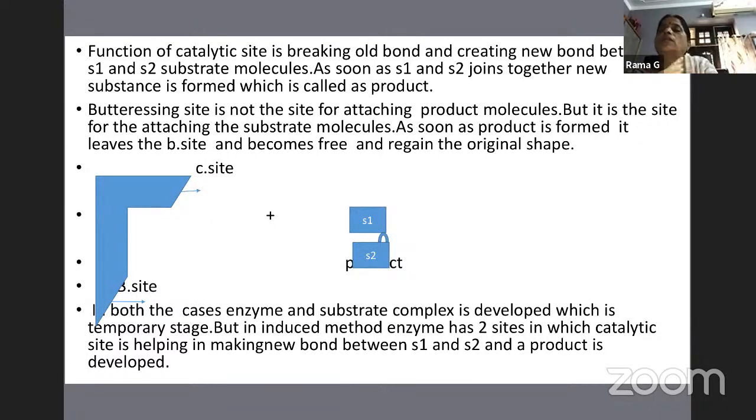So here in induced fit theory, there are two active sites, the catalytic site and the buttressing site. The catalytic site helps in creating new bonds or breaking up old bonds, and the buttressing site helps in attaching the substrate molecules and detaching the product molecules.